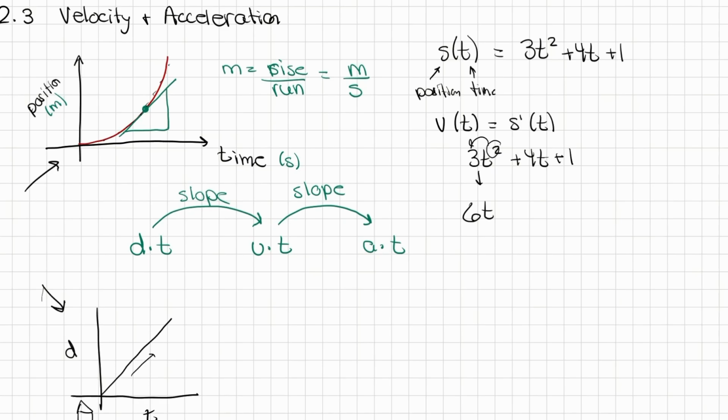My t stays, and 2 minus 1 is 1, so 3t squared becomes 6t. Now I'm going to add my derivative of 4t, which is just 4, and my derivative of 1 is just equal to 0, so I'm not going to include it. So my derivative is equal to 6t plus 4, which means that my function for my velocity is 6t plus 4.